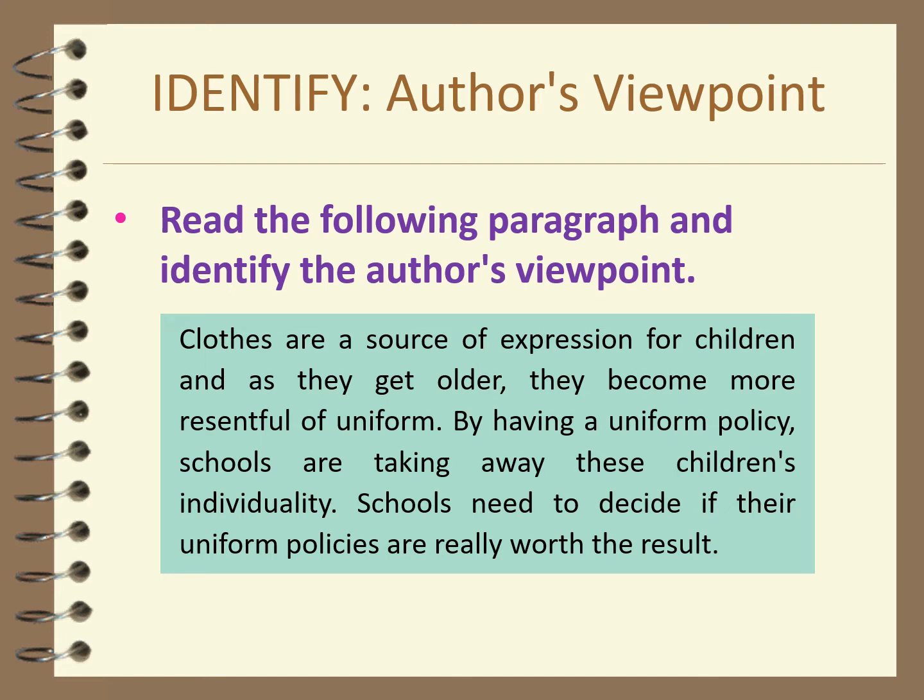Now, what are the main reasons? What are the reasons that are given here? What are the explanations given here that show that the author is against school uniform? The first one is school uniforms make children become more resentful of them. And the second one is schools are taking away the children's individuality.